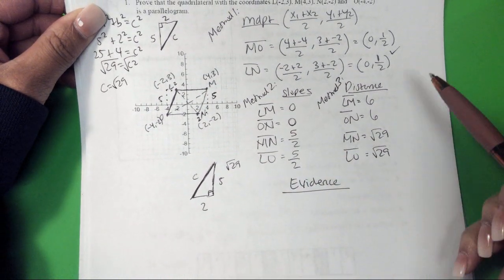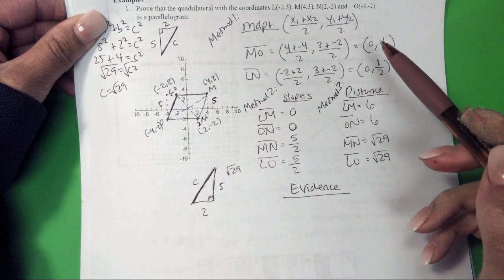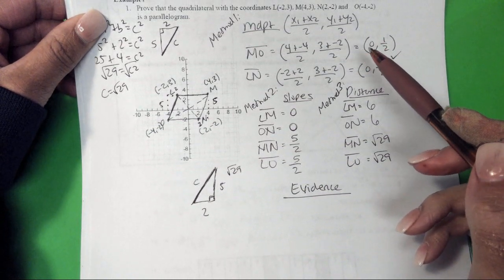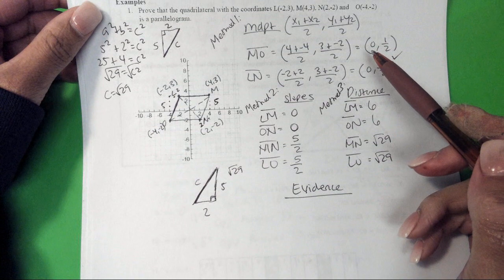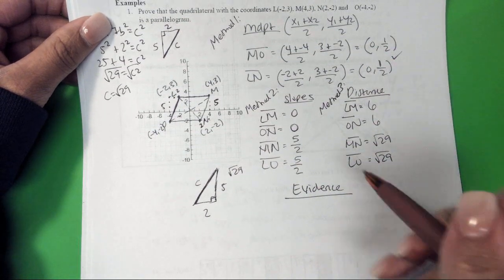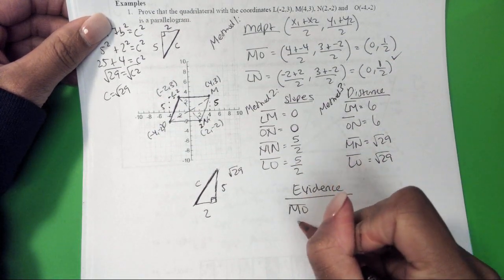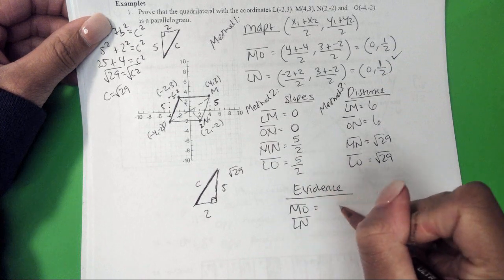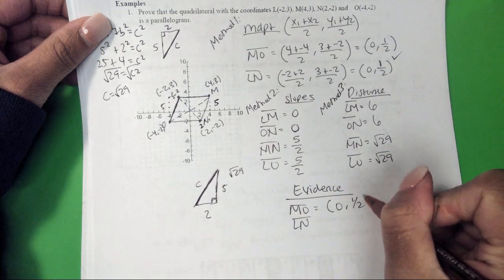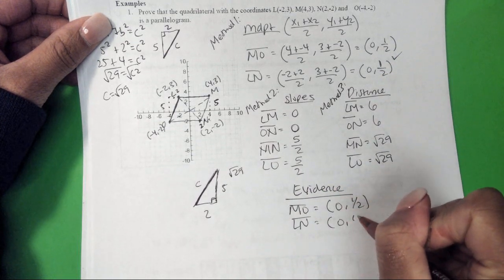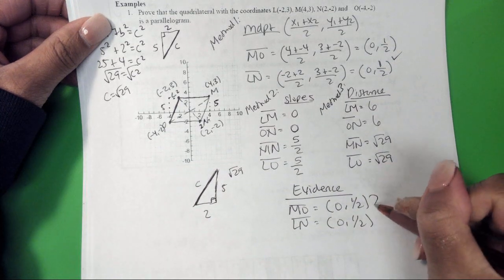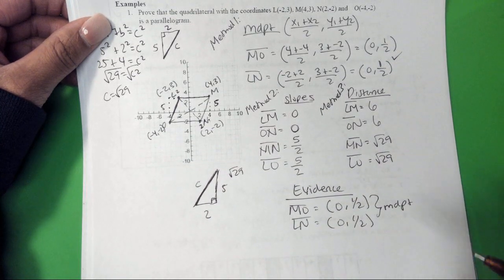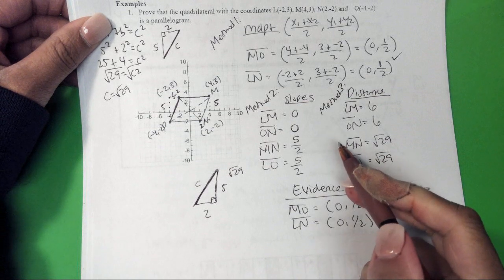So in conclusion, for the first method, we showed the midpoint of the diagonal. When you want the midpoints of the diagonal, all you're doing is simplifying your answers. So you have 0, 1/2 and 0, 1/2 for our midpoints. The next part of our evidence was the slope.